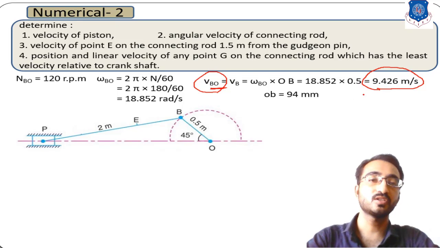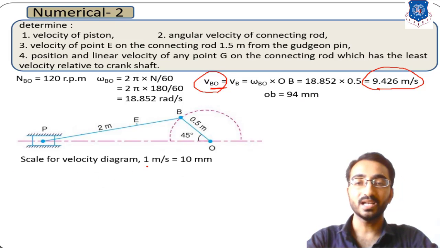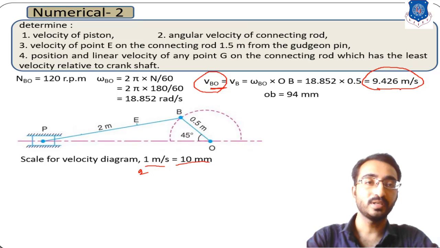So how will you sketch? Let's consider that the scale for the velocity diagram is 1 meter per second equal to 10 mm. So 9.426 meter per second into 10 will give you the length of OB in the velocity diagram as about 94 mm.